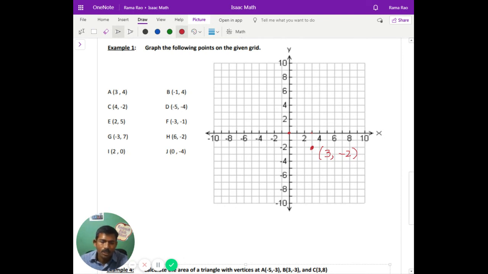I like that. So right now, on your paper, draw the coordinate plane and plot these points. I'll give you a few minutes and we can check it out. Try to do your best. I understand this is a little challenging, but let's try our best.